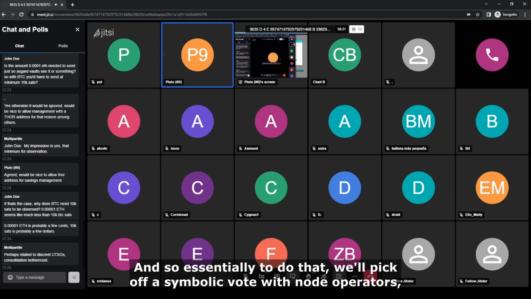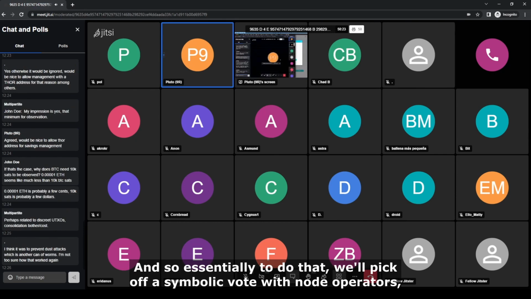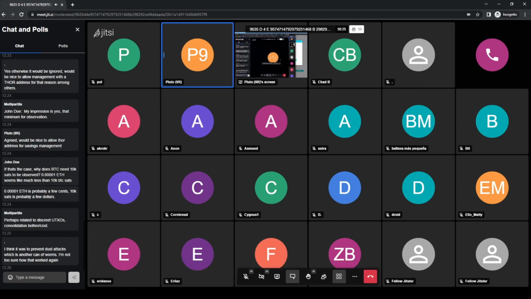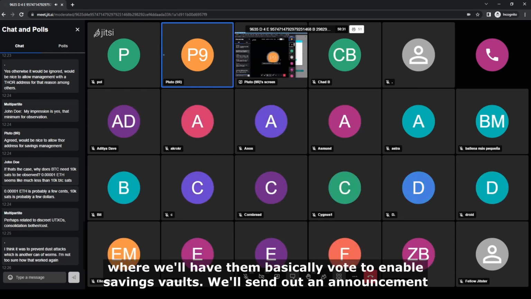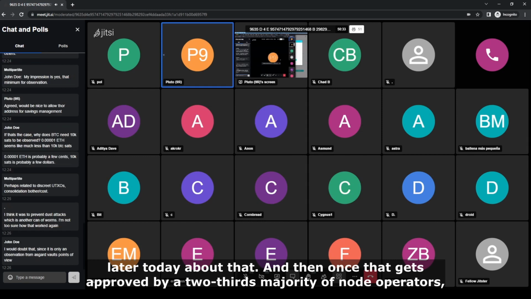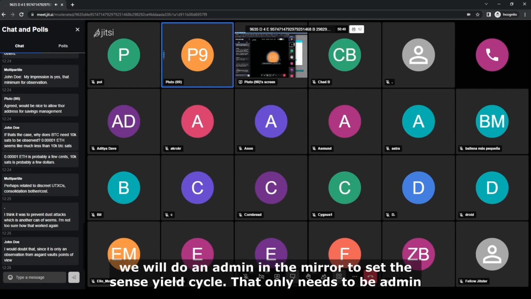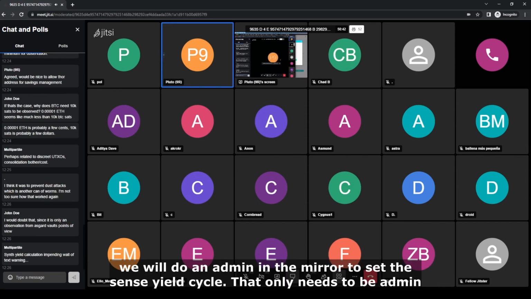And so to do that, we'll kick off a symbolic vote with node operators, where we'll have them vote to enable savings vaults. We'll send out an announcement later today about that. And then once that gets approved by a 2/3 majority of node operators, we will do an admin mimir to set the synth yield cycle.